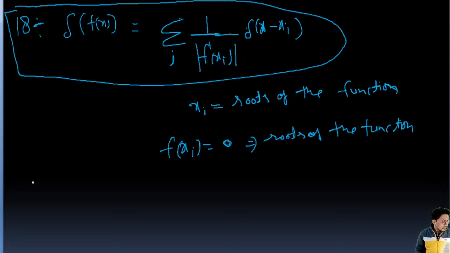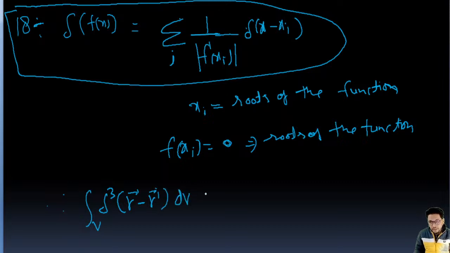Before that, we'll write here, since we know, I already explained yesterday, the volume integration of delta cube of vector r minus vector r dash dv. This is the property.